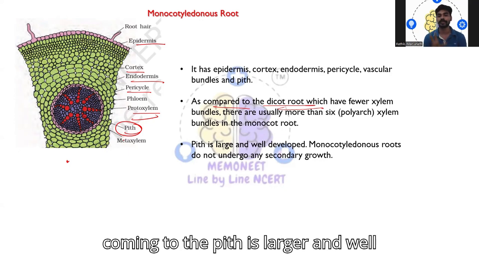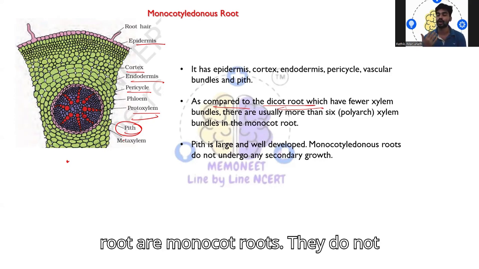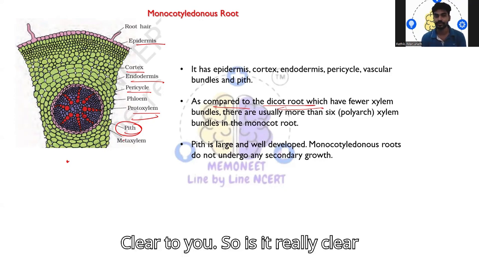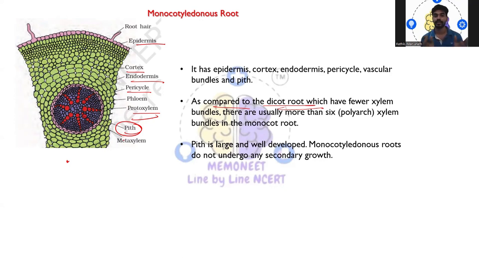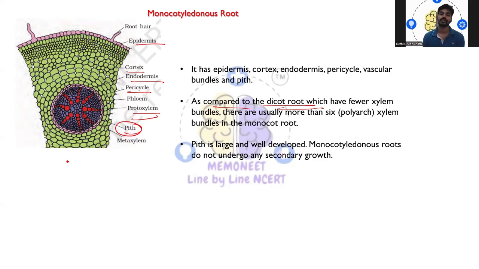The pith is larger and well developed. Monocot roots do not undergo secondary growth. Is that clear to you? This is the major difference between monocot and dicot roots.